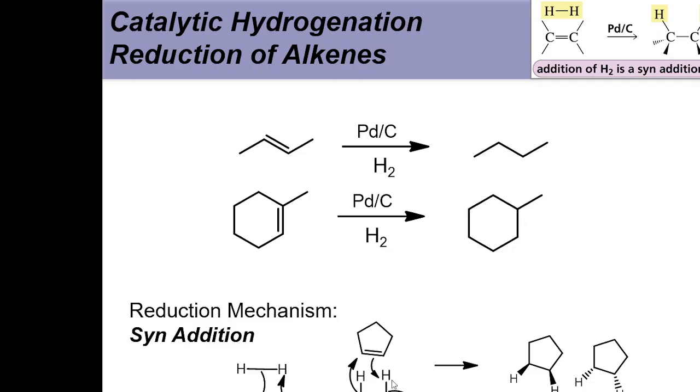Syn addition means two hydrogens add to the double bond at the same time from the same side. If you look at cyclopentene as an example, these two hydrogens are added to the same side of the double bond carbons. And of course, after the addition, you're converting a double bond into a single bond.